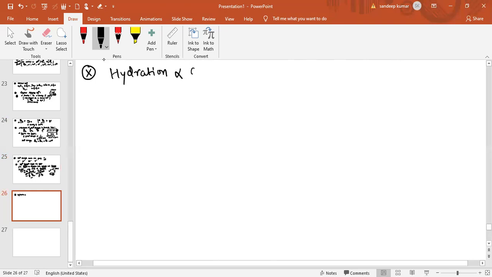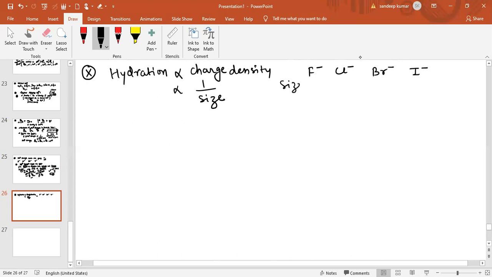This hydration is directly proportional to charge density and inversely proportional to size. Now we can see that in F minus, Cl minus, Br minus and I minus, the size increases from fluorine to iodine.